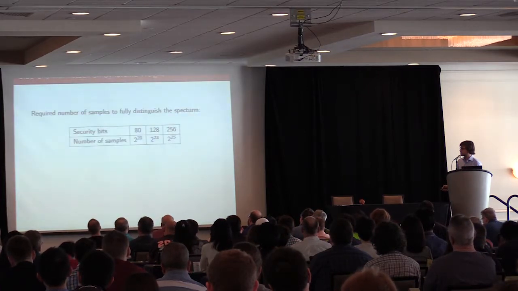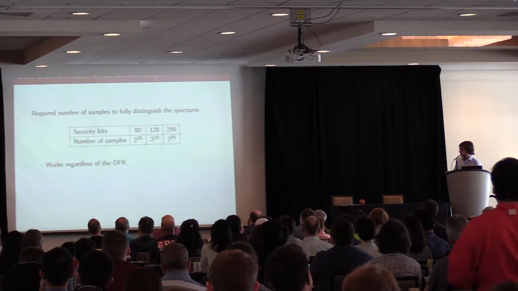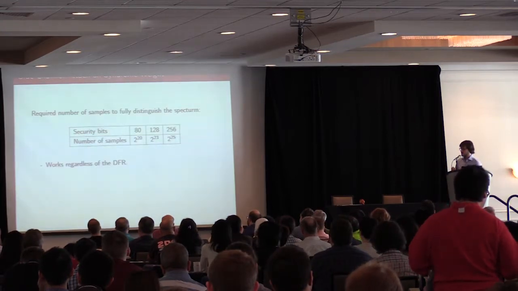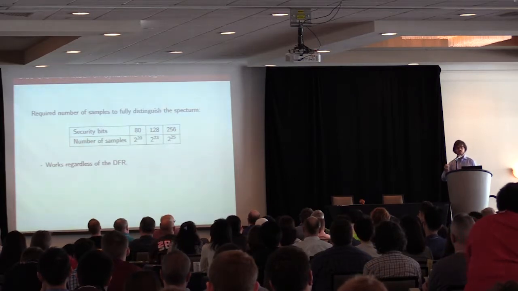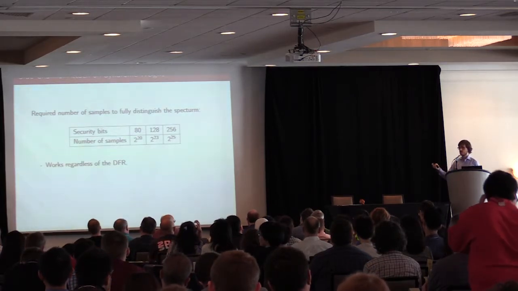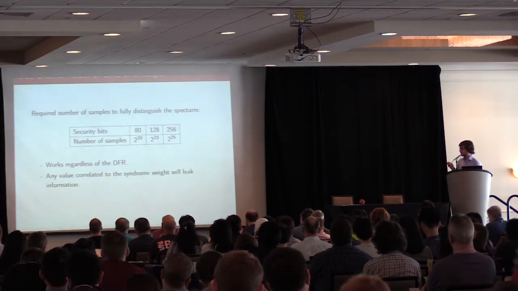So here are some numbers just for BIKE 2. And what's interesting is that it works regardless of the failure rate, because you don't need to wait for the decoding to fail, which happens once every 10 million examples, to get information.